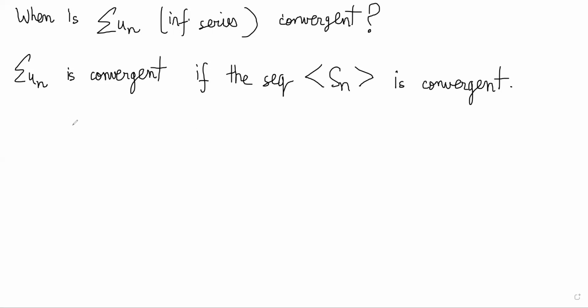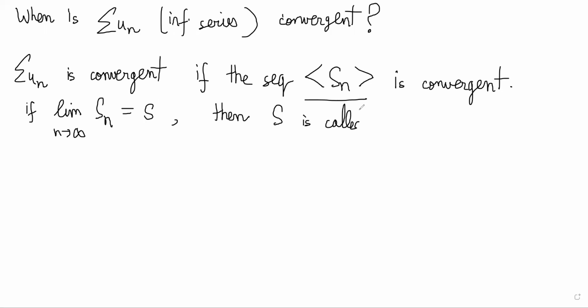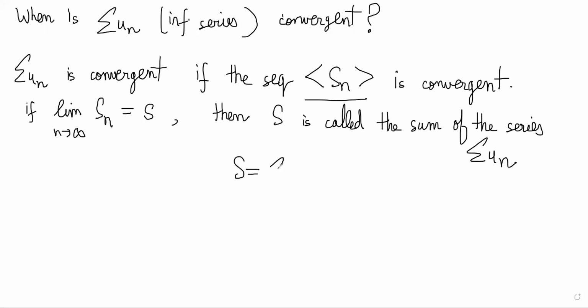And if limit of n tends to infinity Sn, this sequence converges to S, then S is called the sum of the series sigma un, or basically you're saying S is equal to sigma un, right?